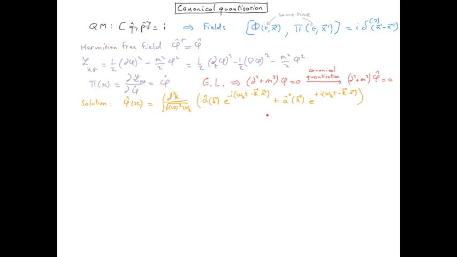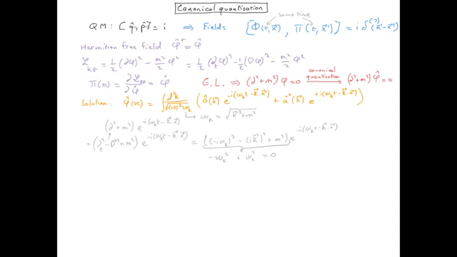For this to be a solution of the Klein-Gordon equation, we need to have an expression for omega k. Indeed, if we plug this solution into the Klein-Gordon equation, we see that we have terms like this, and similarly for the negative frequency term. So far we have just promoted the field to an operator.